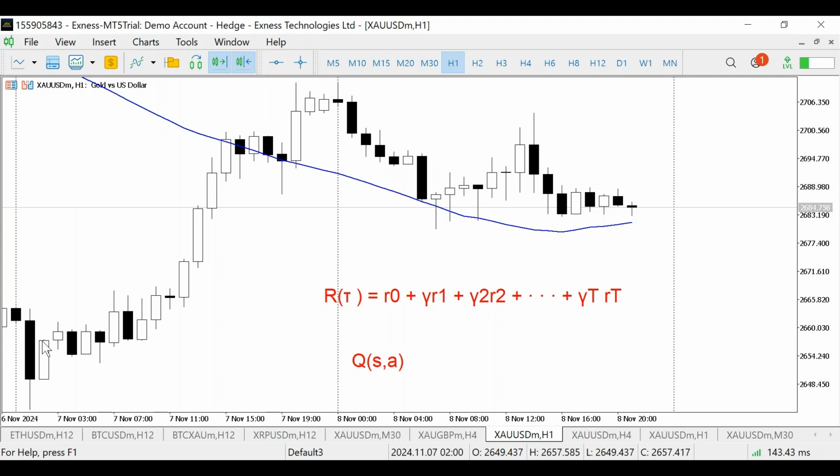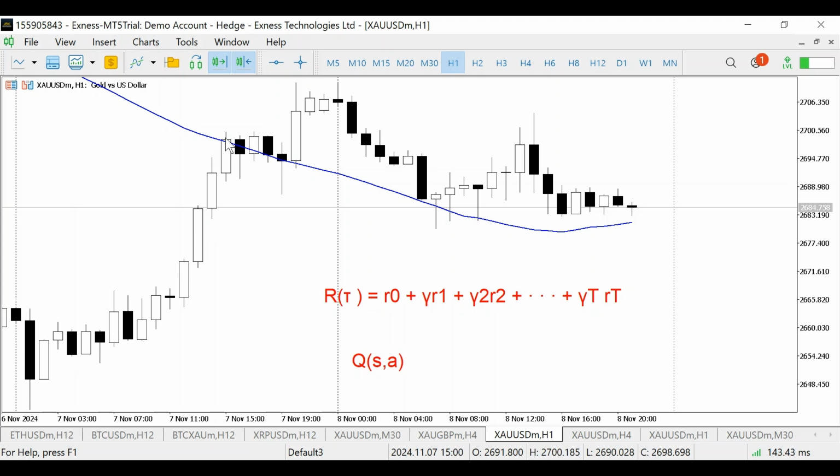To simplify, I'll say how many pips we make. So here we made some pips, and next we again made some pips. Here there was a bearish move, and you see if the trade continues we made a lot of pips till here.